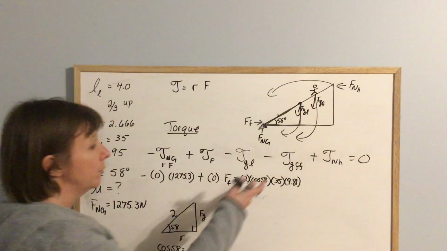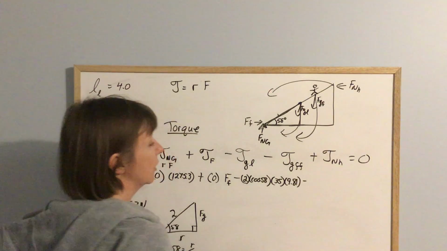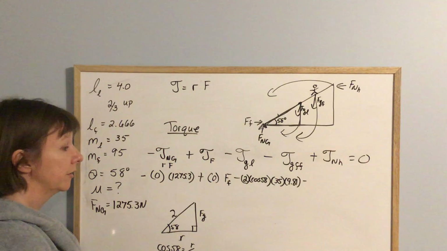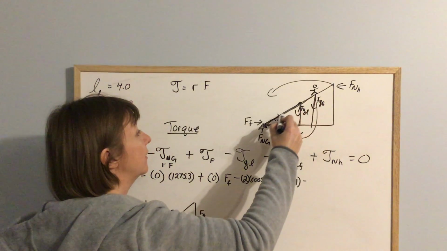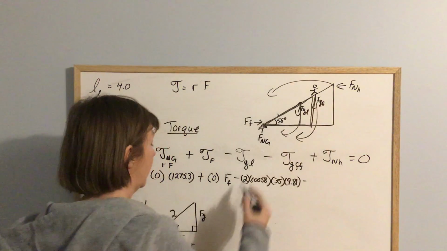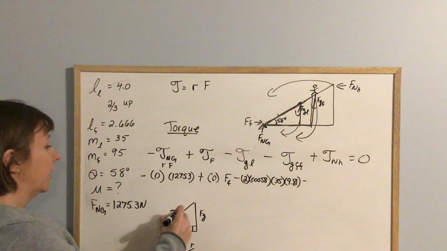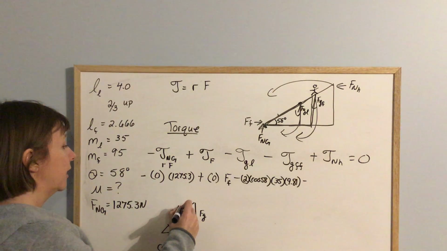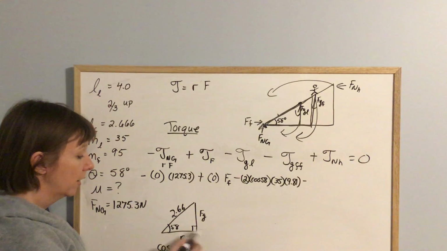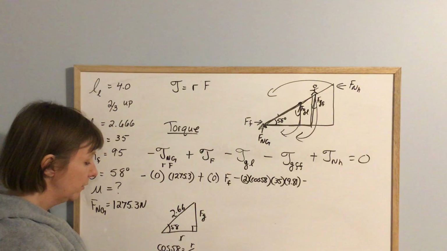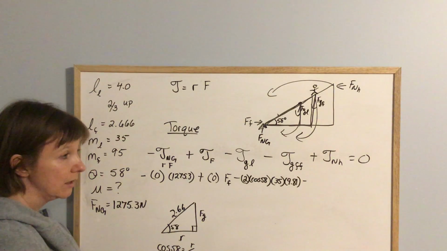I'm going to use the same logic here to figure out the torque on the firefighter. So this time, this triangle's a little bit bigger because he's standing 2/3 of the way up the ladder. And again, we said that 2/3 of the way up the ladder is 2.66. We have the gravity here. So all of this logic stays the same. It's just that this is 2.666.